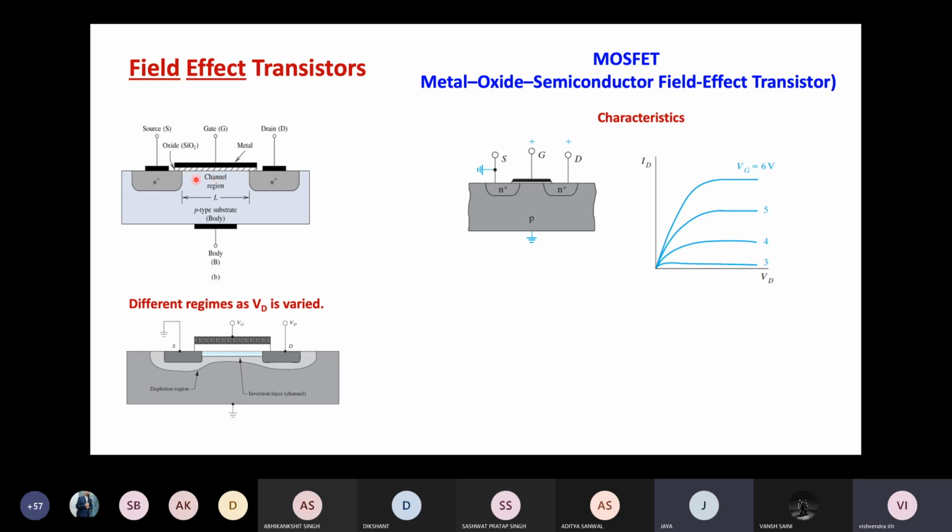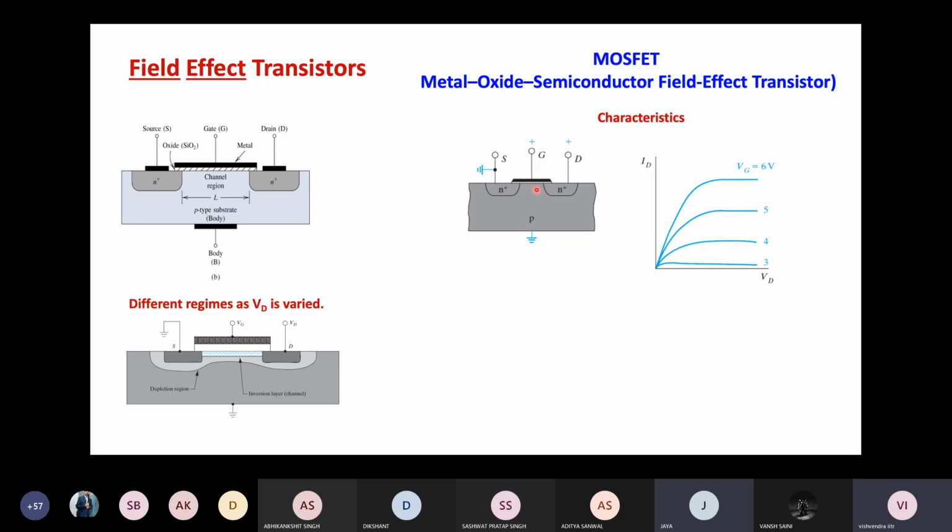this transistor to operate. If there is no voltage applied anywhere in the device, there will be a small PN junction here and a small PN junction here.